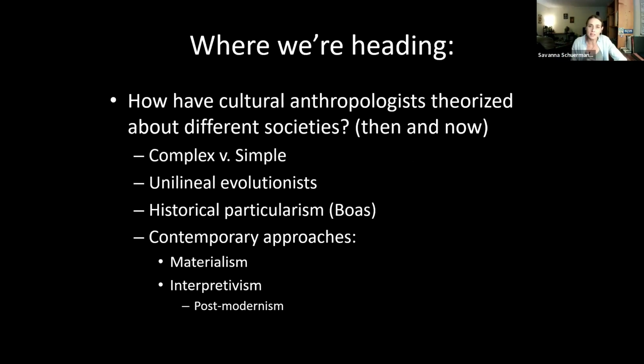This idea of complex versus simple is a main analytical distinction that we make today, a way we talk about different types of societies. It avoids the value-laden pejorative terms like savage versus civilized or primitive versus modern, which are ethnocentric and useless, and we'll talk about that.